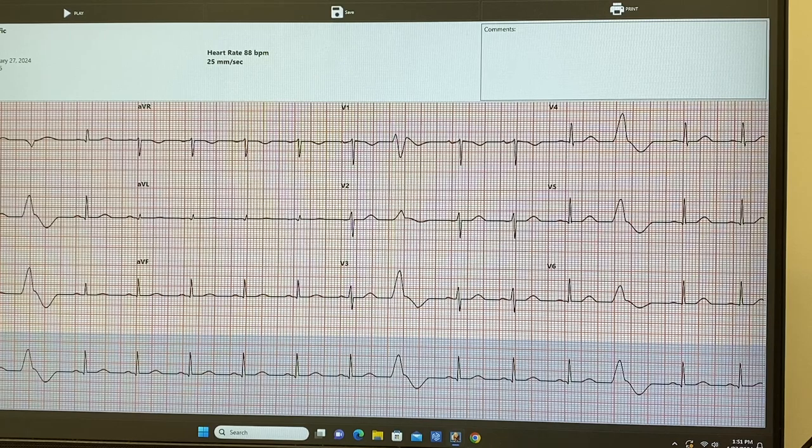So this is a NSR with PVCs. What kind? We know it's PVC, but which kind? Based on shape. I'm pushing you because I know you. I taught you that earlier. Based on shape.